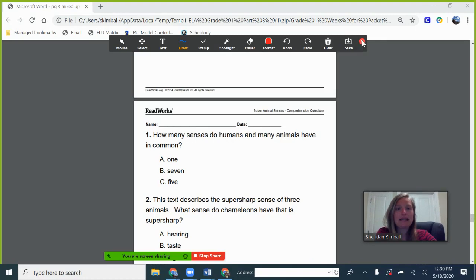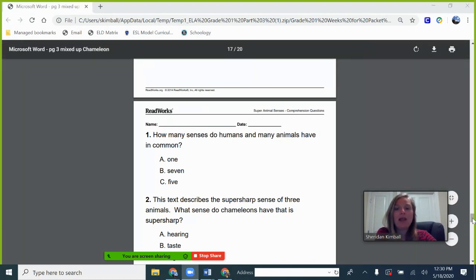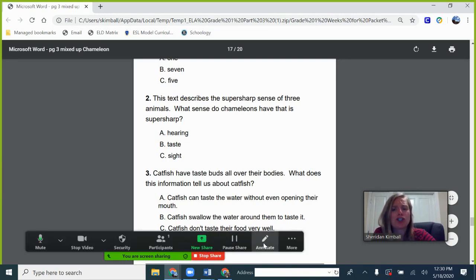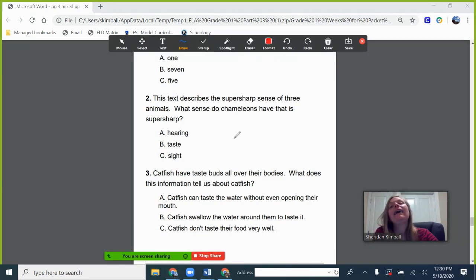Okay, let's look at number 2. This text describes the super sharp sense of 3 animals. What sense do chameleons have that is super sharp? A, hearing. B, taste. C, sight.